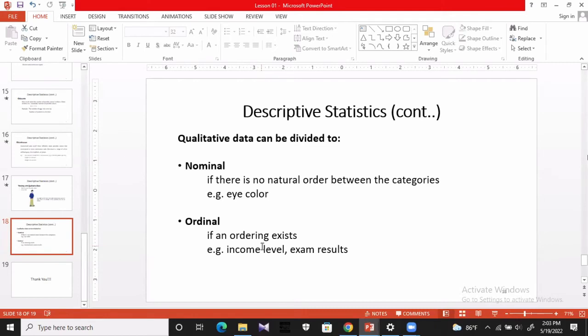For example, let's say a person usually earns 5 lakhs per month. We can put that person into the rich people category, because he or she earns 5 lakhs per month.